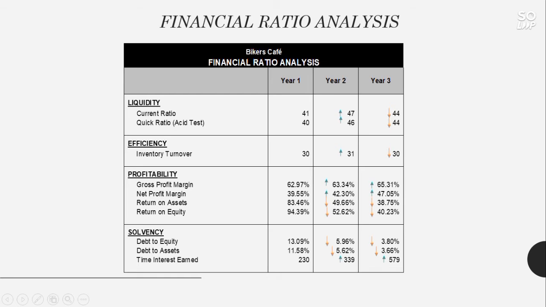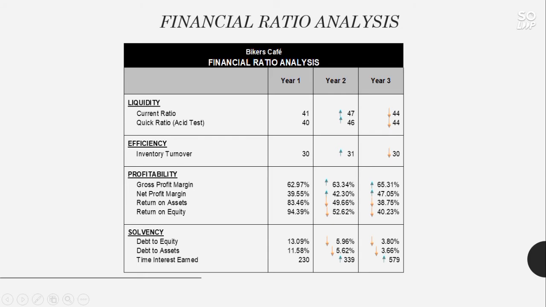For liquidity, our current ratio for year 1 is at 41, and it increased to 47 at year 2, and it going down to 44 at year 3. For our quick ratio, which is acid test, is 40 at year 1, and then it going to increase to 46 at year 2, and it going down to 44 at year 3.